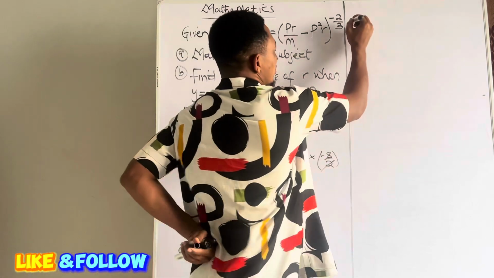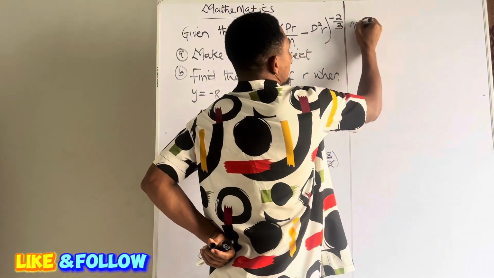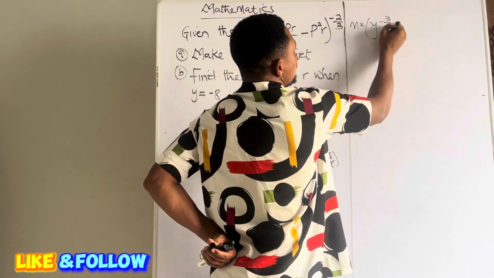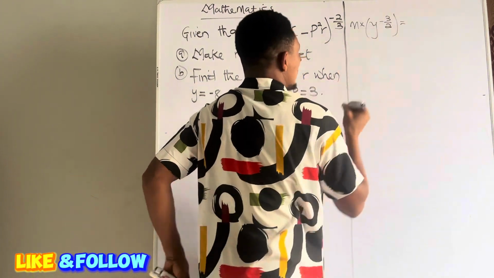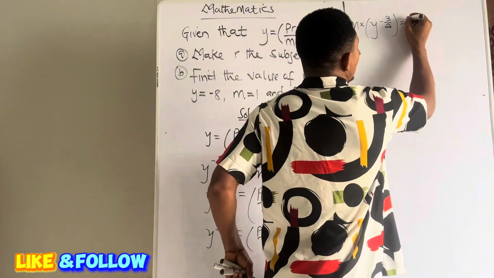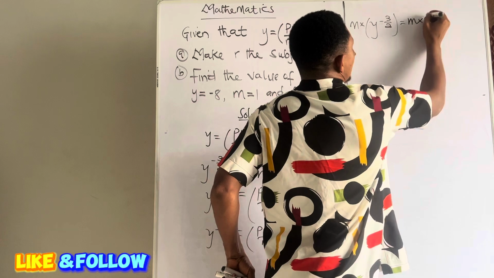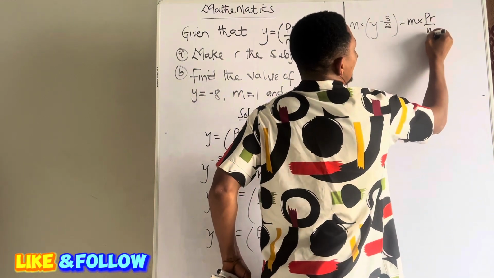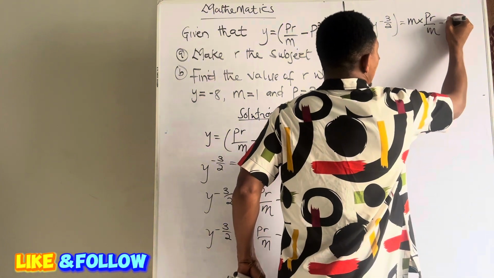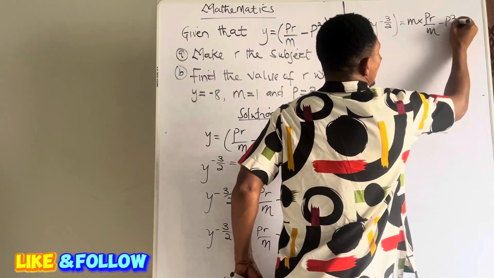So we have m multiplying y to the exponent negative 3 over 2 is equal to m times pr over m, and we have negative p square r times m.